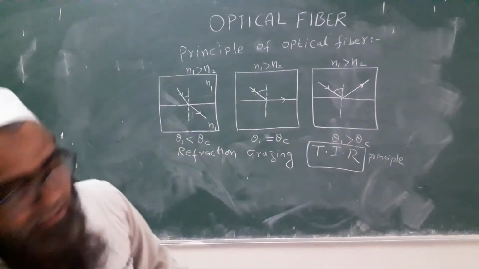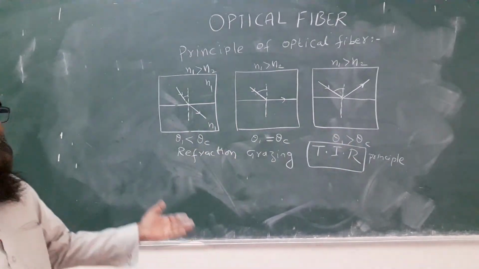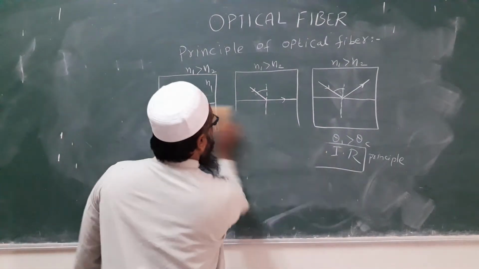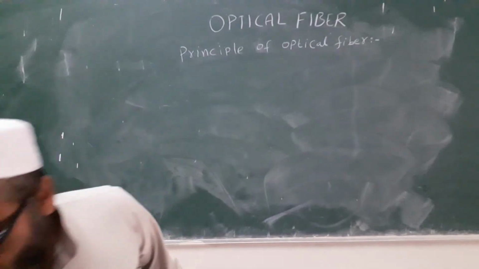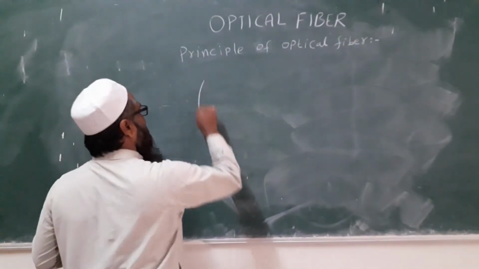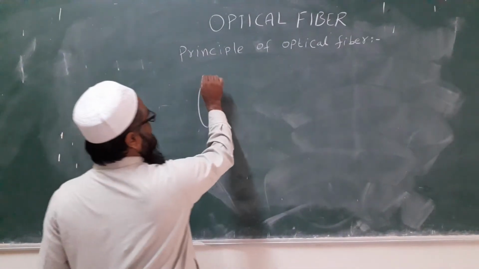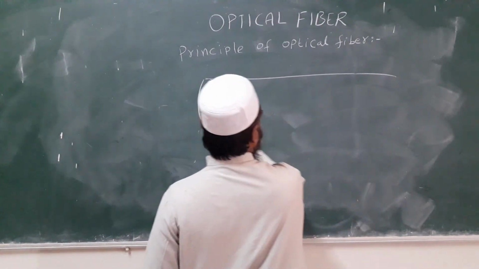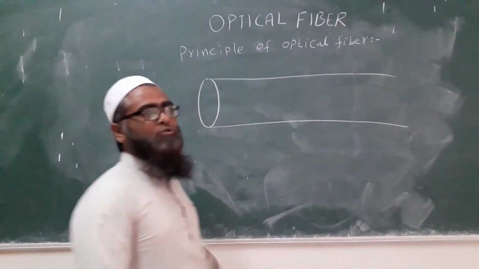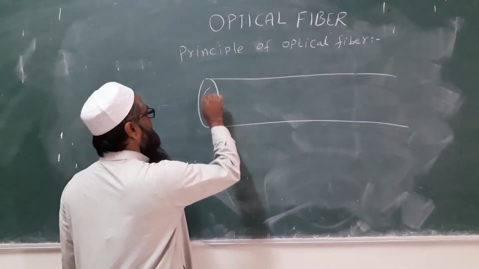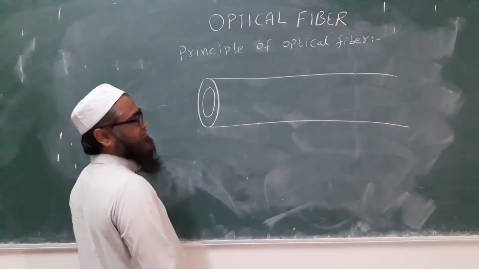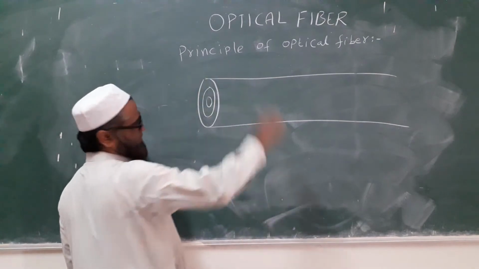We can take this more clearly. Let us have an optical fiber cable. This cable consists of an outer cover, and also cladding and also core.